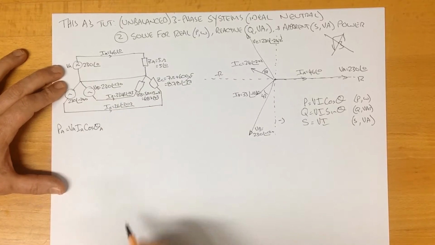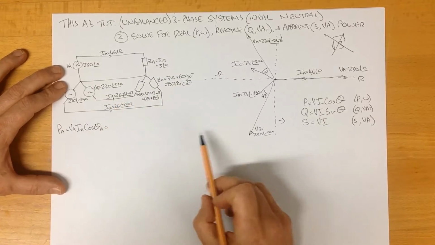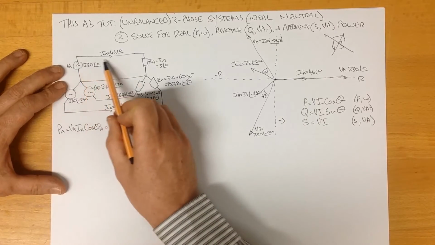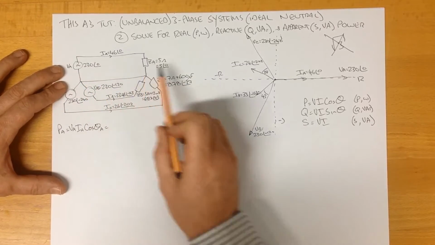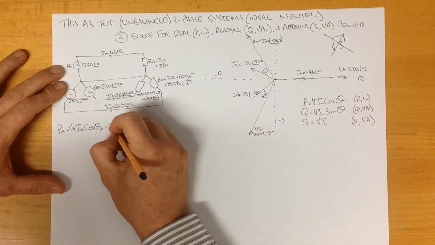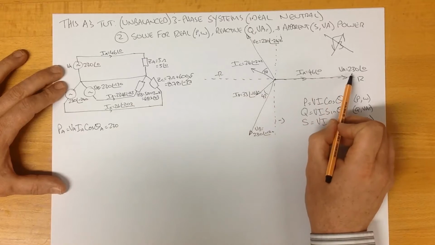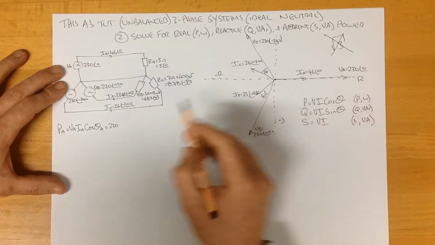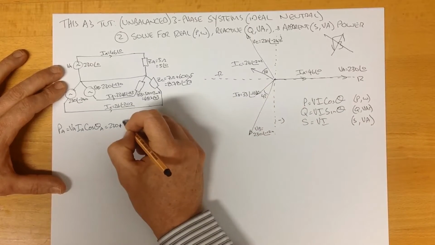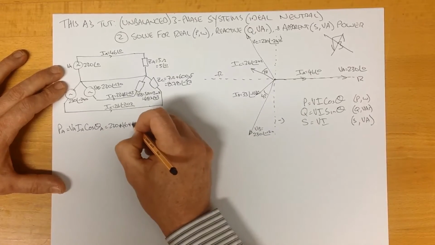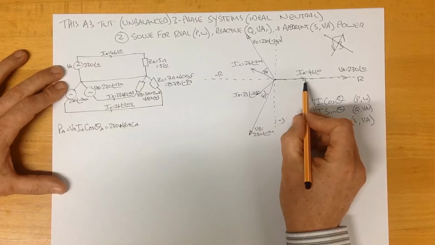So, the voltage in phase A, here it is, 230 volts is applied across here. You see it here. And we're looking at the magnitudes, so 230 times the magnitude of that current, 46, times the cosine of the angle. There is no angle difference here.